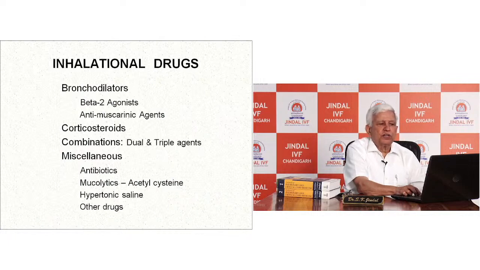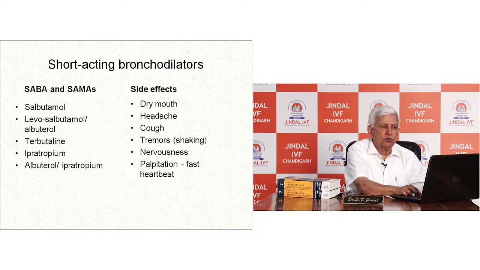A few slides about inhalational drugs. Plenty of drugs can be used, but the most important for asthma and COPD are bronchodilators, like beta-2 agonists and anti-muscarinic agents, then corticosteroids and combinations. Other drugs we are not concerned with for the time being are antibiotics, mucolytics, and so on.